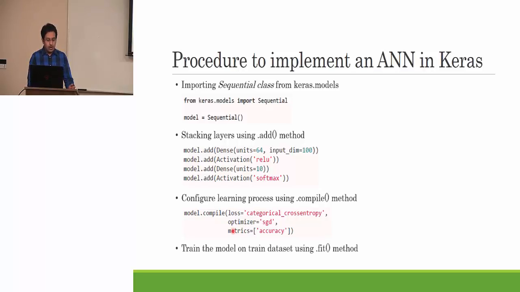And the next step is to train the model using the fit method. We use model.fit and then pass in the input training samples, which is xtrain, and its corresponding ground truth, which is ytrain. And epochs here refers to how many times the model looks at the entire training set. If it's 5 here, it means that the model will look at the entire training set 5 times.